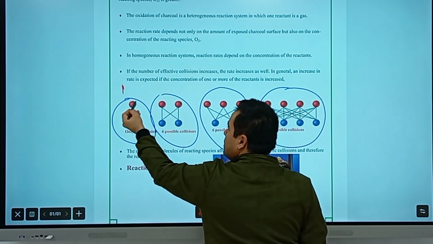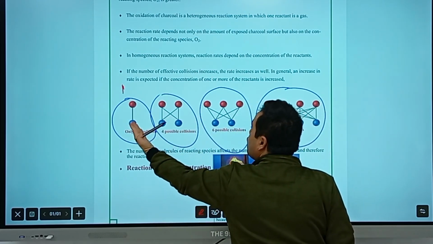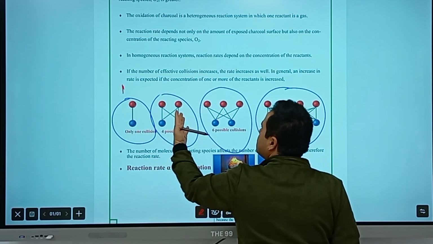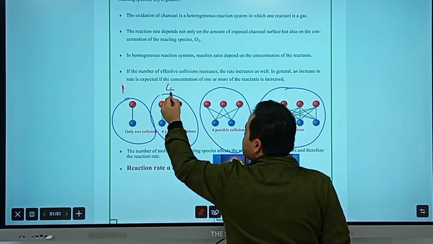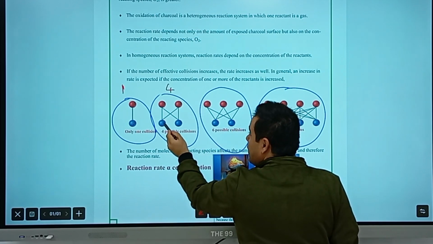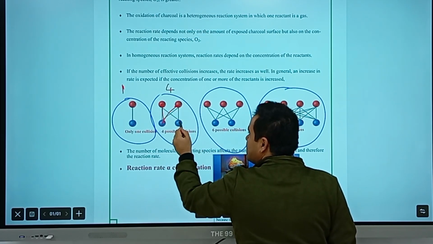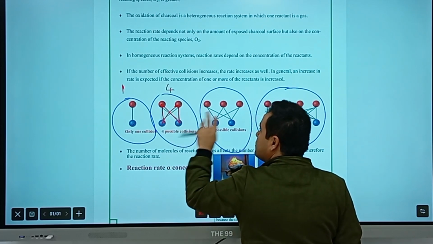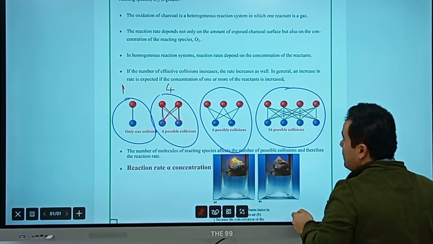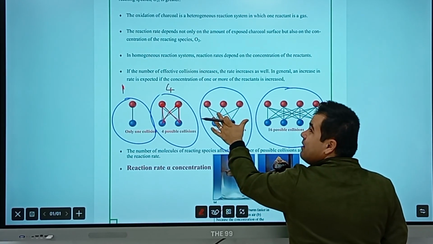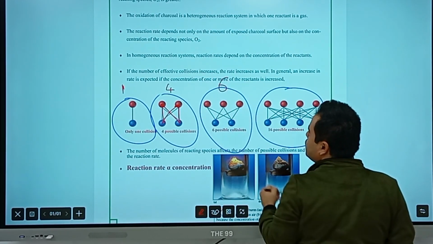Why? Because this can collide with only one other atom. But if we increase the number of atoms to 4, there will be 4 possible collisions. Why? Because one of the atoms collides with both of the other atoms, so there will be 4 collisions between those particles. If we increase to 5 atoms, the number of collisions is 6.